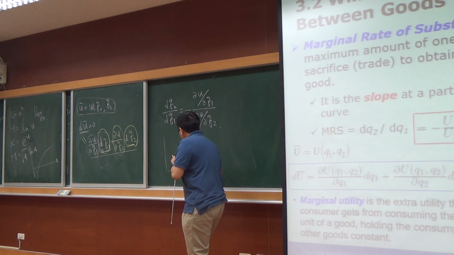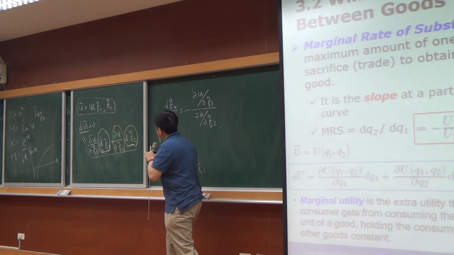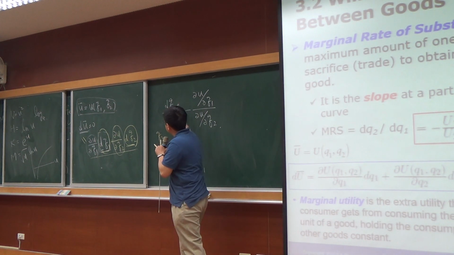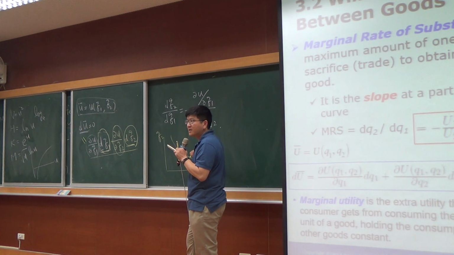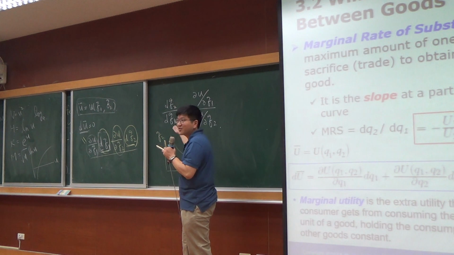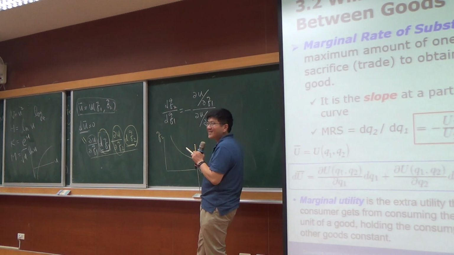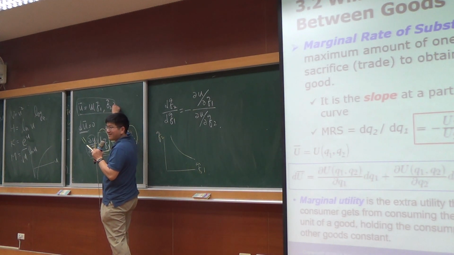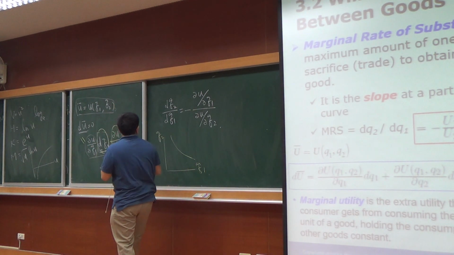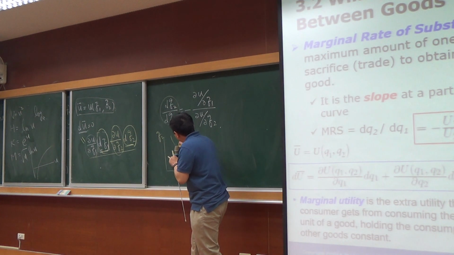Because now Q1 is on the horizontal, Q2 is on the vertical, so this would be the slope of the indifference curve, right? The slope of the indifference curve. This is an indifference curve, and this captures the slope.